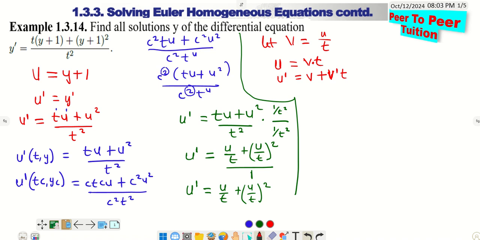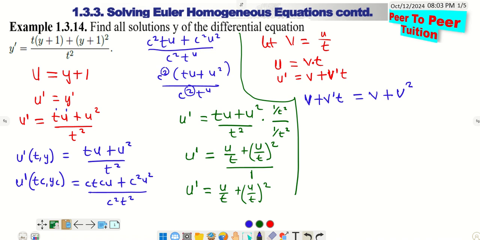So coming back to this, wherever I see u prime, I'll write v plus v prime t. Then should be equal to u over t. We know that u over t is v, so v plus u over t again, so v squared.